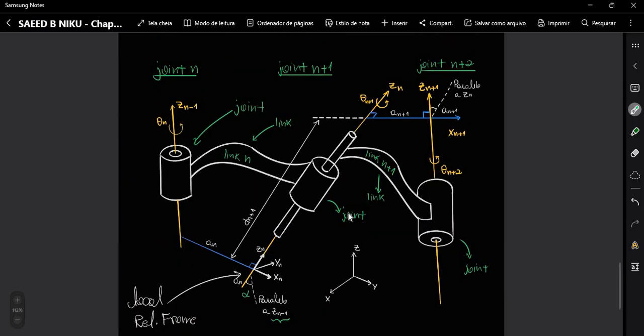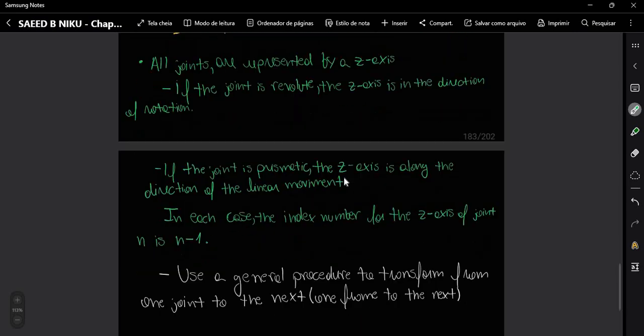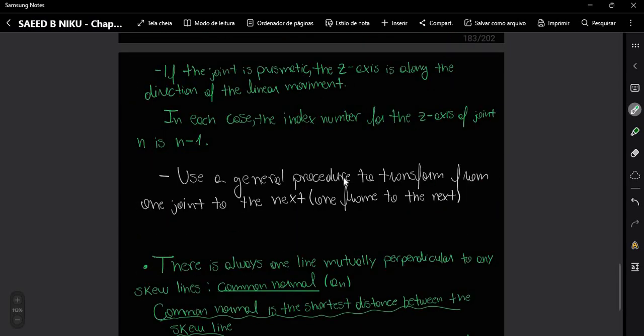Of course, we can represent this with a transformation equation, followed by an equation with matrices. Okay, so for now, I think that's all. We have covered too many things.